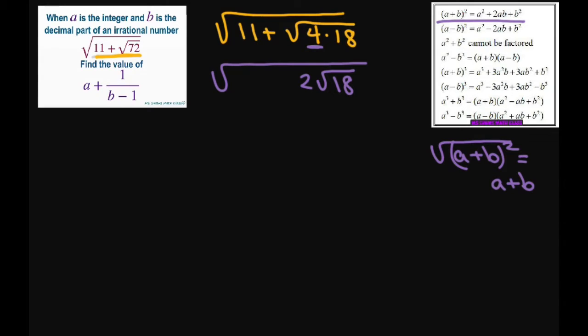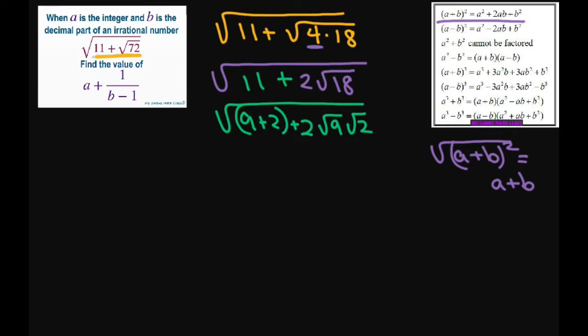And I can do that by writing this now, have 11 plus 2, and my a, I can write my 11 as 9 plus 2. Right? And so this is going to be plus 2 times the square root of 9 times square root of 2. So this is your a and this is your b.